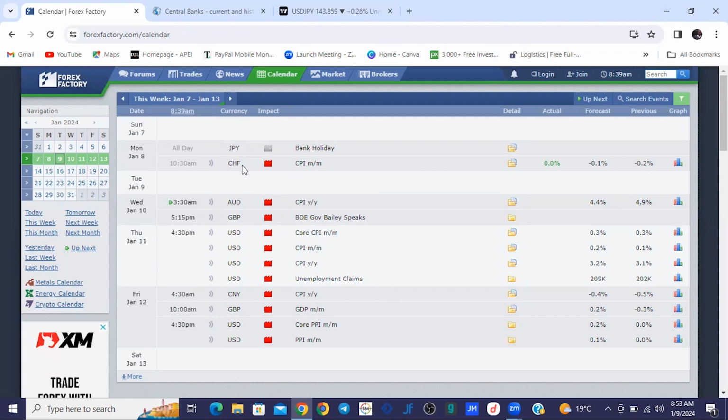Yesterday we had the CPI, or the inflation data, for CHF. Tomorrow we'll have the inflation data for AUD, on Thursday inflation data for USD, and on Friday we shall also have the inflation data for China and also USD. This PPI is also another parameter used to measure inflation.